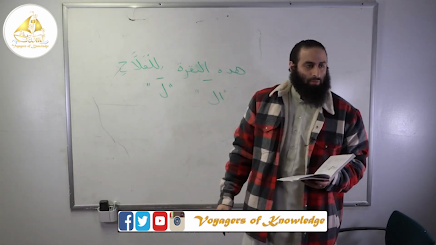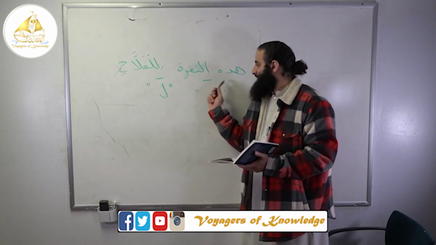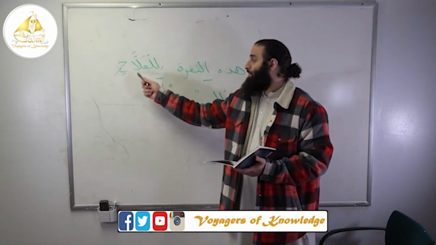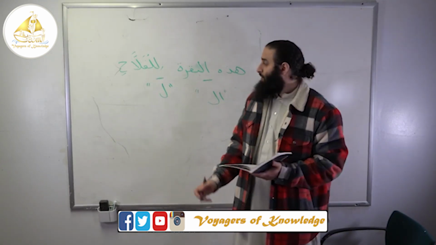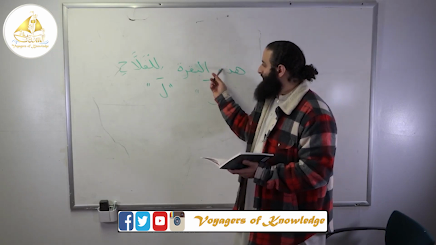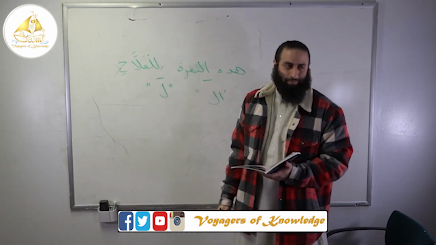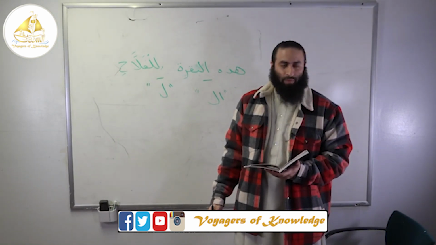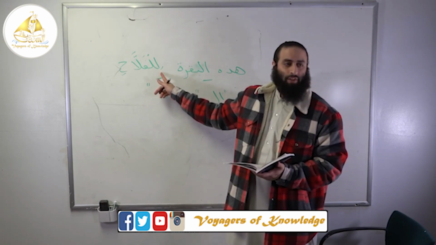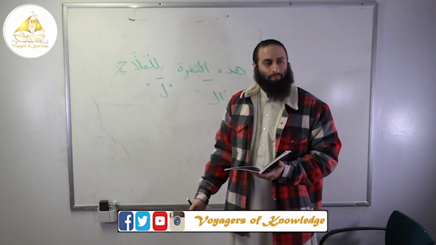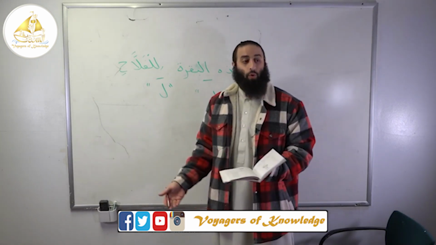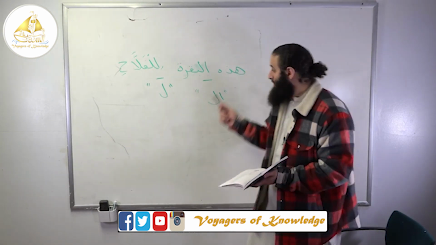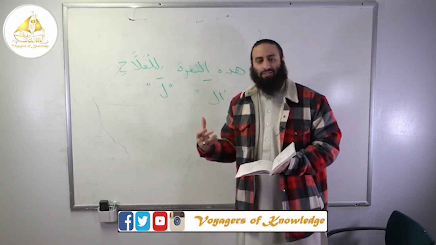So how do you translate this one? This cow belongs to the farmer, or for the farmer. Either one is fine. Or you can say this is the farmer's cow. Even though you put li, you can translate like that too. للفلاح is for the farmer. That's what li is usually used for, is for. But when we translate into English, it's not always the same, because the way they say things is very classical.